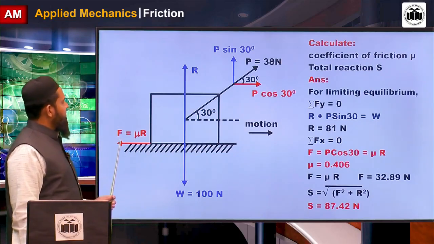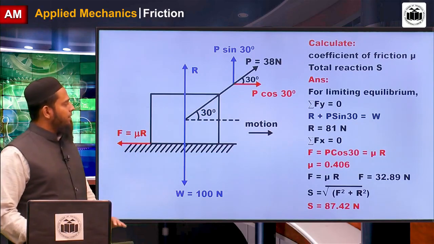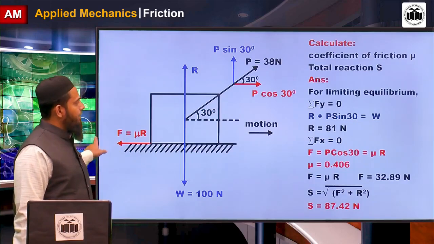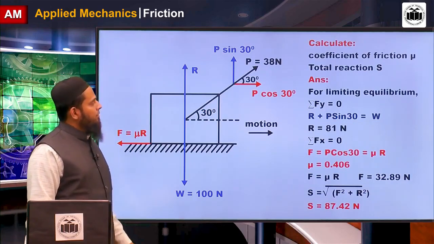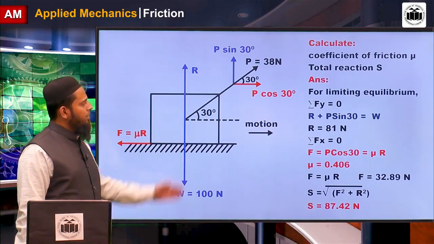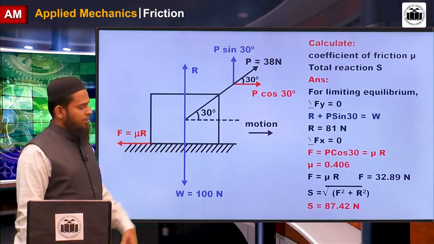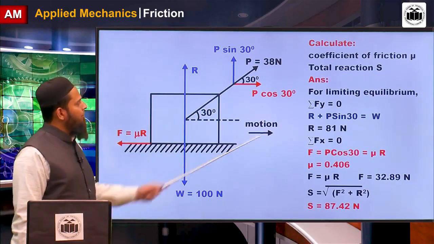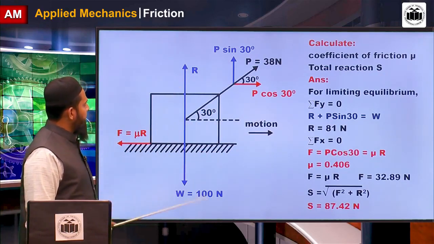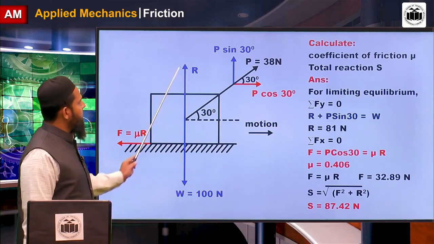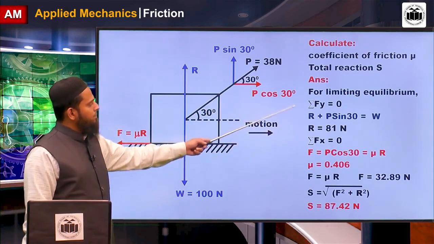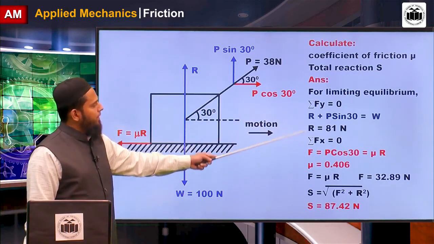So, what is the frictional force? Opposite to that motion, it is here in the opposite direction. For this, calculate the coefficient of friction and total reaction S by using conditions of equilibrium. We are using summation of Fy first. Why? Because in summation of Fy, R and W are known, W is balanced by R. So, start these types of problems from summation of Fy, it is better.